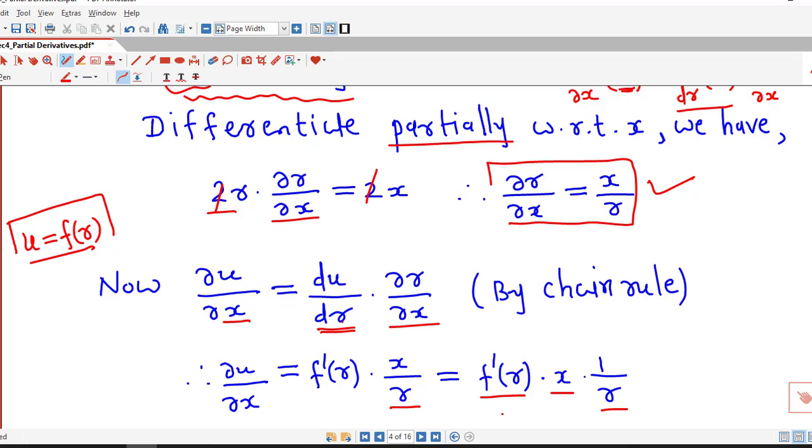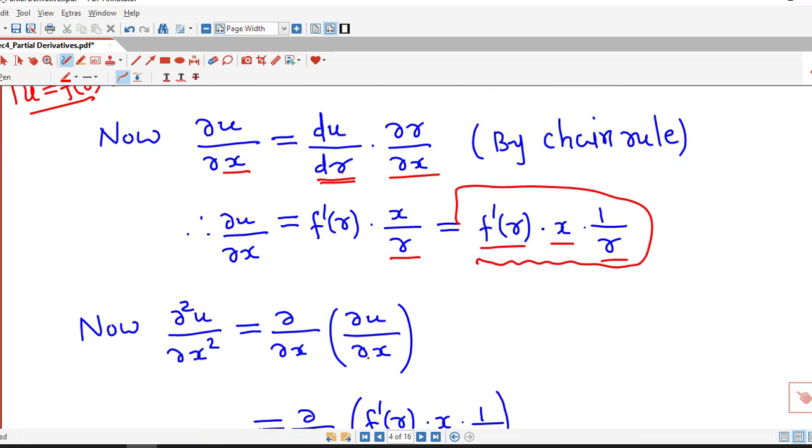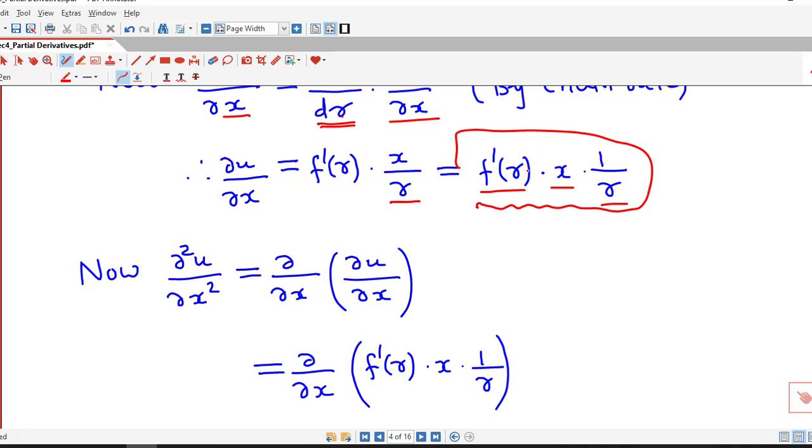So we are writing in this form because we require the second order derivative of this product. So we will apply the product rule. So now del square u by del x square is del by del x of del u by del x. We put this value here. Del u by del x is f dash r into x into 1 by r.